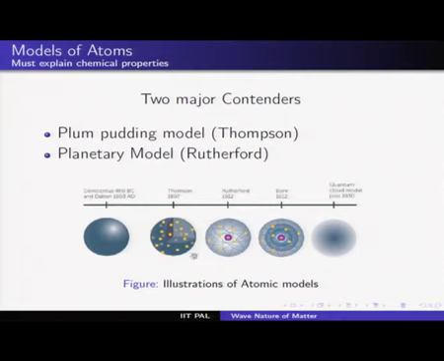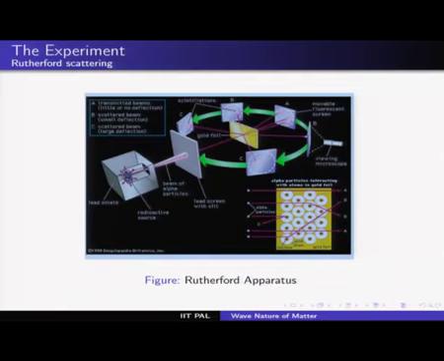It is sufficient to look at these two figures, and we have to decide which of the two is correct. And this is the experiment which Rutherford undertook in order to settle the matter. It is not that Rutherford disbelieved the plum pudding model. It is that he wanted to verify.